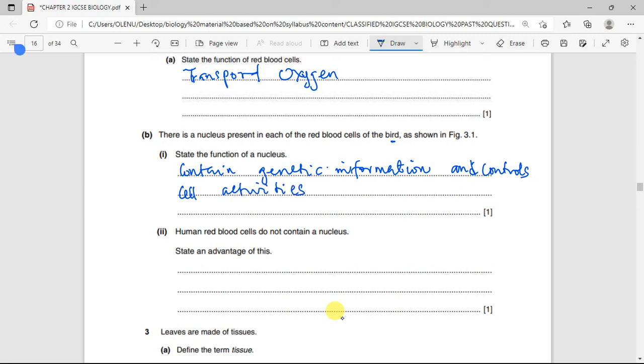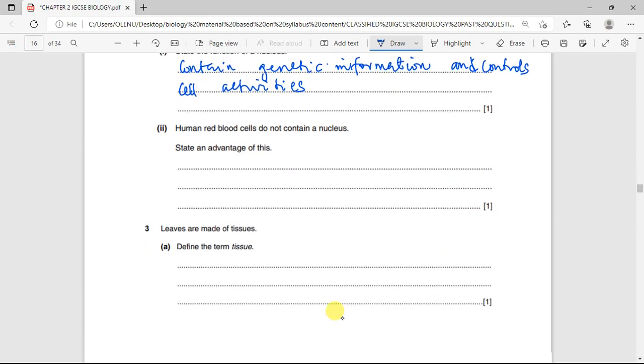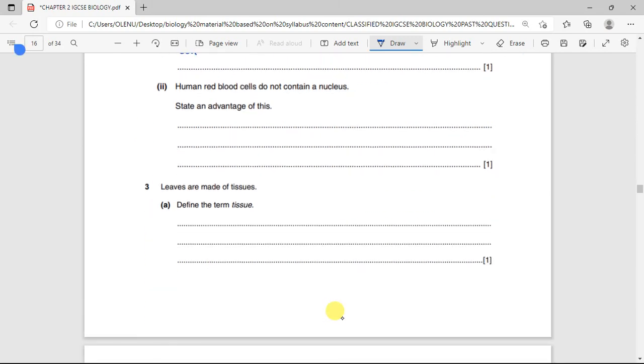Human red blood cells do not contain a nucleus. State the advantage of this. So you can just write to carry more hemoglobin to transport oxygen.